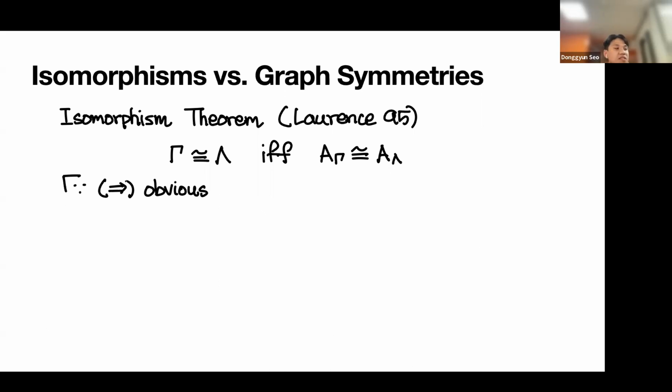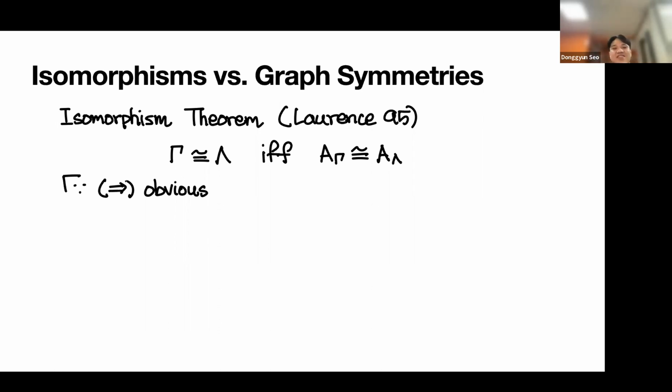The graph symmetry is a permutation of generators, and it also preserves the commuting relations. So we can extend the graph symmetry to an isomorphism of the right-angled Artin group.